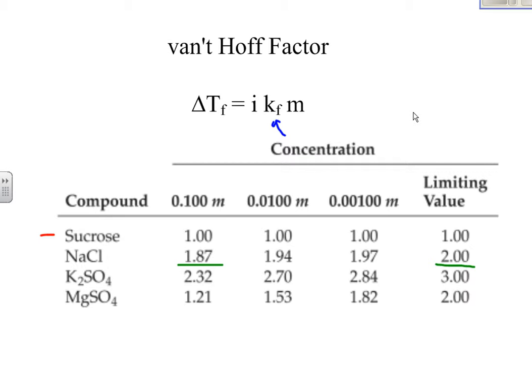You only get 1.87 of that 2 moles. Okay. Now, obviously, if you get to very, very small concentrations, you notice that as we get over here to the very small concentrations, it gets closer and closer to the limiting value, which would be if all the ionic particles just came apart. So we don't have to deal very much with this type of thing. We won't have to deal with it in the lab, but it is an issue that you could run into.